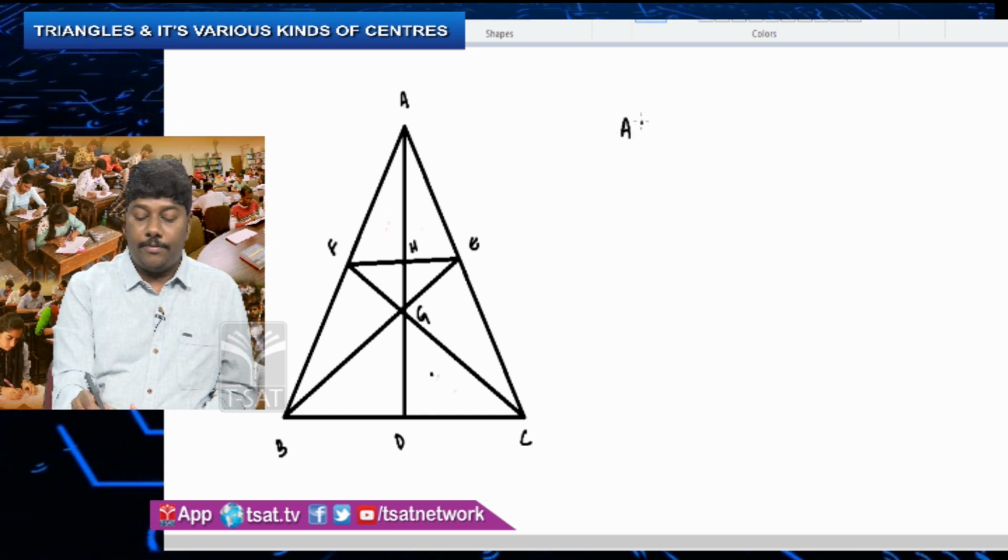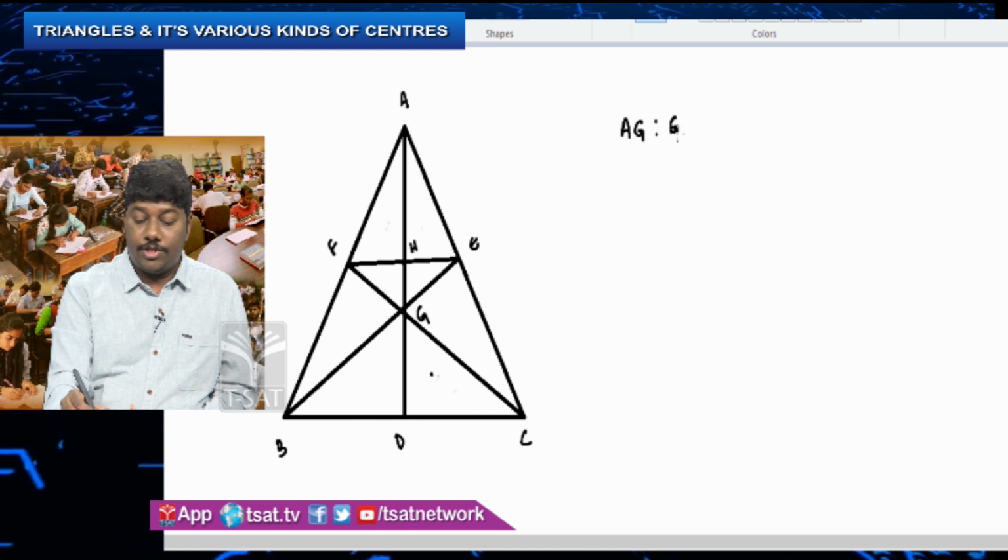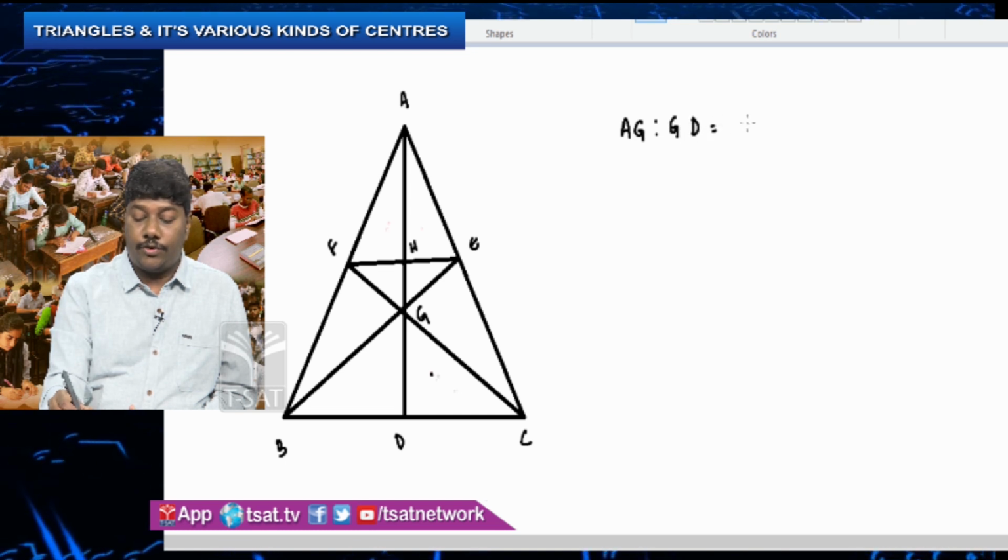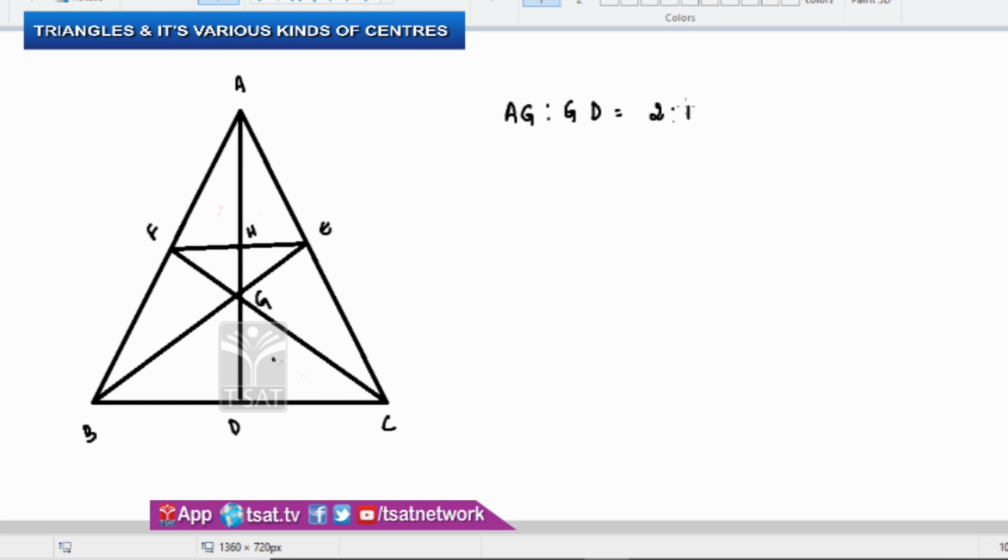We know AG:GD is 2:1, and we also know AH:HD is 1:1. Because EF is the line joining the midpoints, AF:BF is 1:1, and in a similar fashion, AE:EC is also 1:1. Therefore, AH:HD is also 1:1.